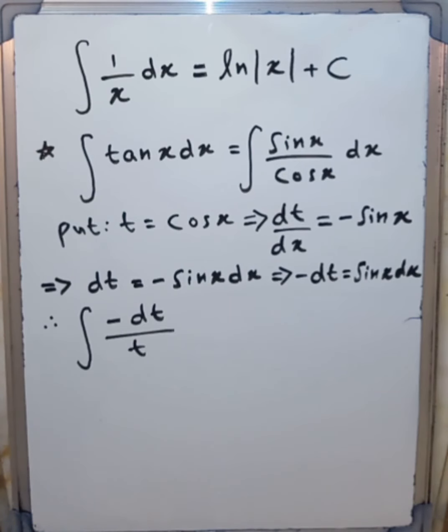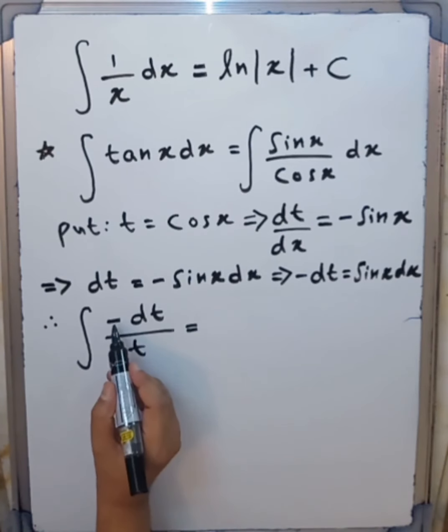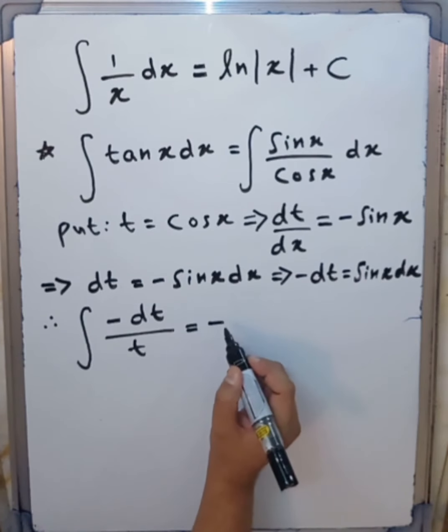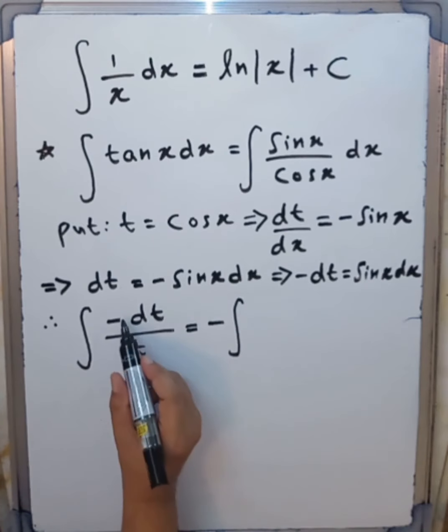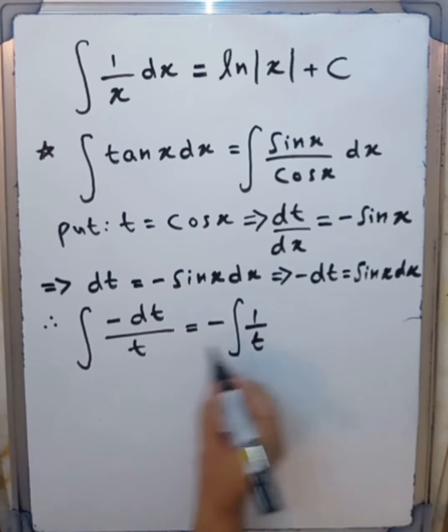To observe it in an easy manner, we can keep the negative sign outside: negative integration 1 by t dt.